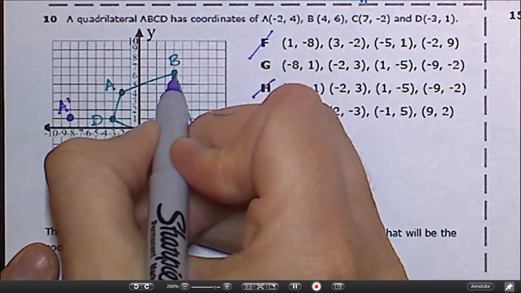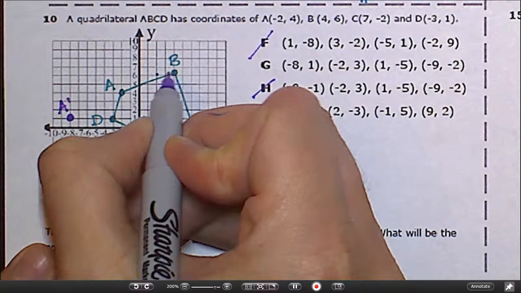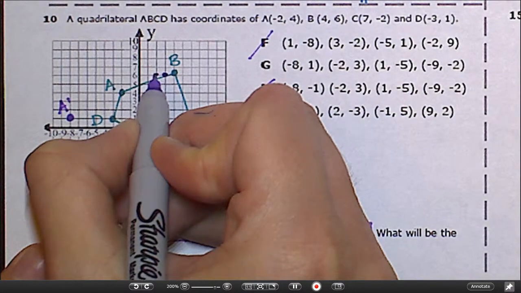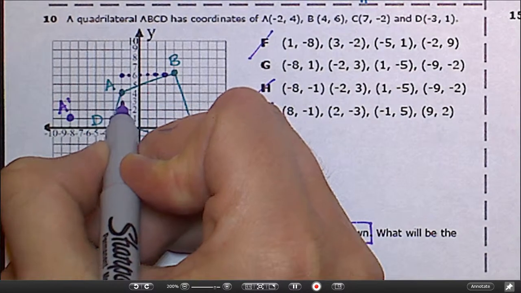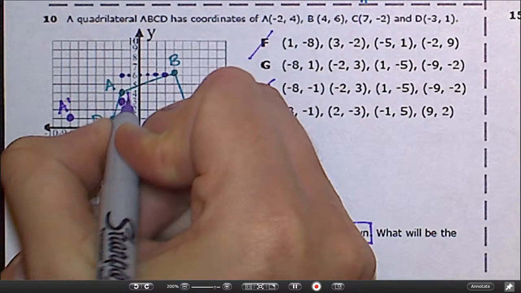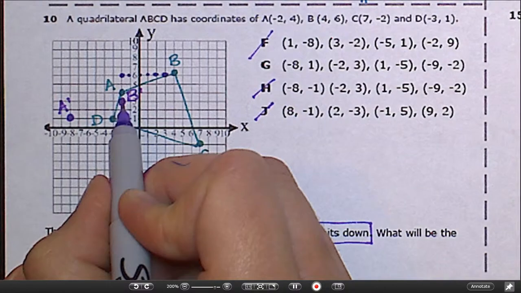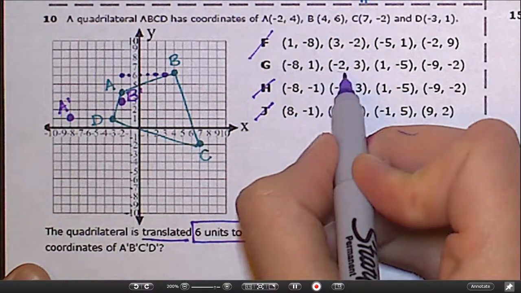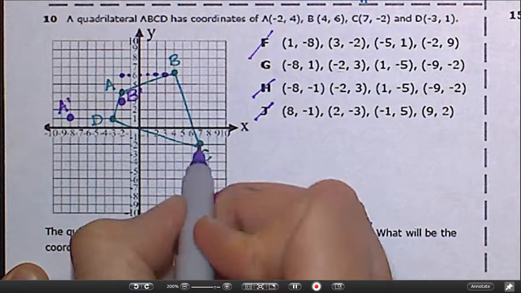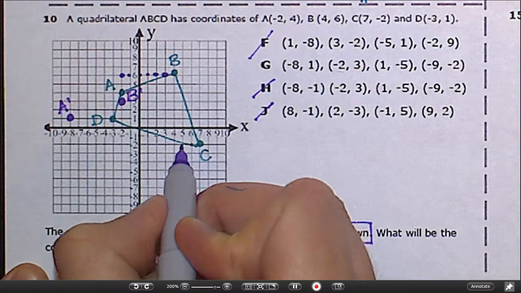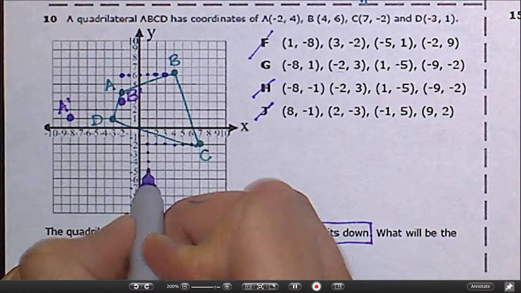B needs to go to the left 6, so 1, 2, okay, and I don't count this. This is 0, so I'm going to go 1. That's 1. 2, 3, 4, 5, 6, counting very carefully. And then down 1, 2, 3, and this is B prime. And I look at that and I see it's -2, 3. And look, there's B, -2, 3. So far so good. C now, we start here and then we go 1, 2, 3, 4, 5, 6 to the left, and then down 1, 2, 3.